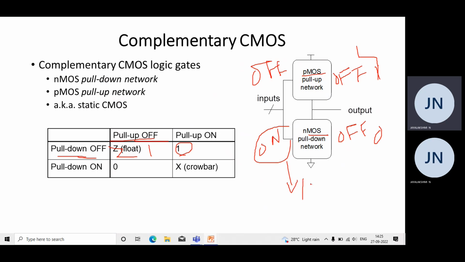So that's why its value is 0. Next, pull-up on, which means the PMOS is on, and pull-down on, both are on. We can call the output X. We can also say crowbar.